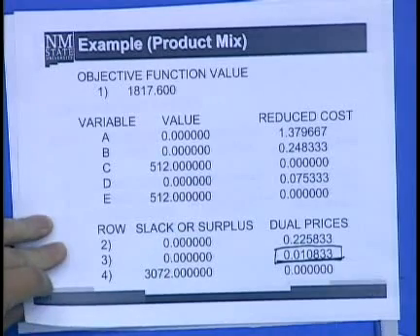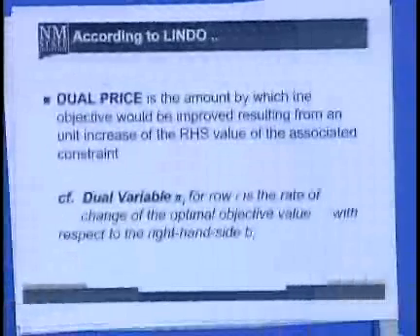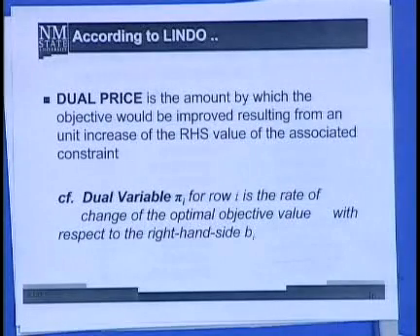Okay? And again, dual price is the amount by which the objective function value will be improved, given a unit of increase in the right-hand side of the corresponding constraint. Okay?